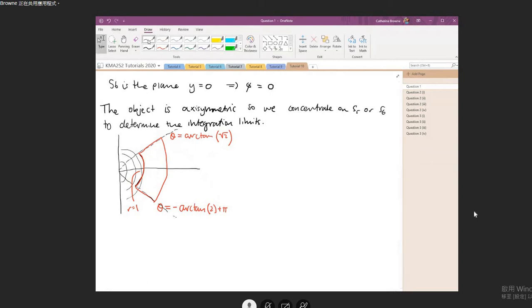And then I have messed up this part here, because the outside bit doesn't have constant radius in spherical coordinates. It has constant radius in cylindrical coordinates.